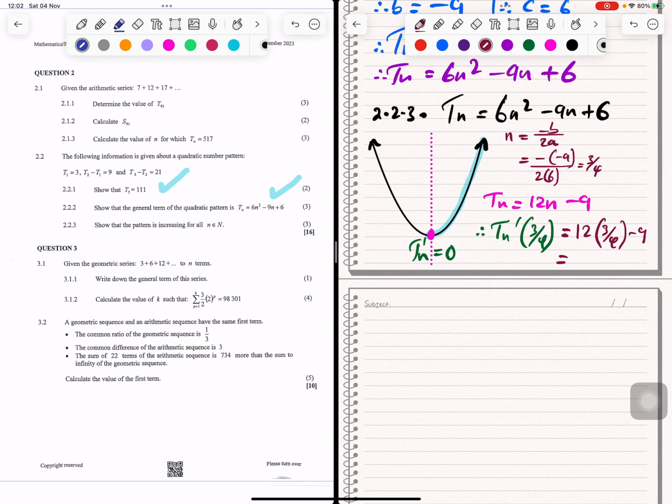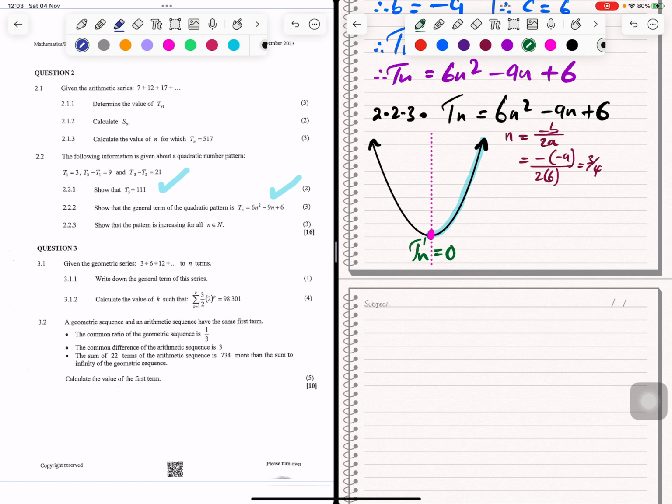Wait a bit. Yes, it must give me 0 because that is going to be equal to 0. Oh guys, sorry, my bad on this one.